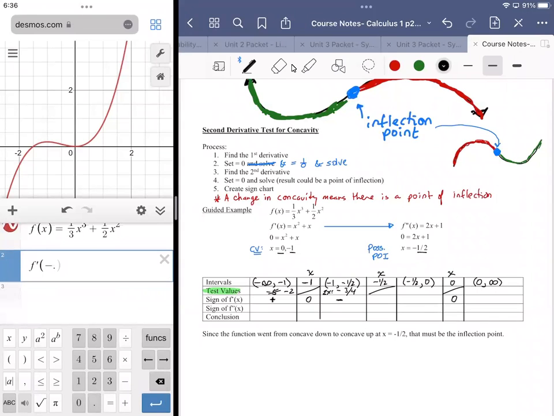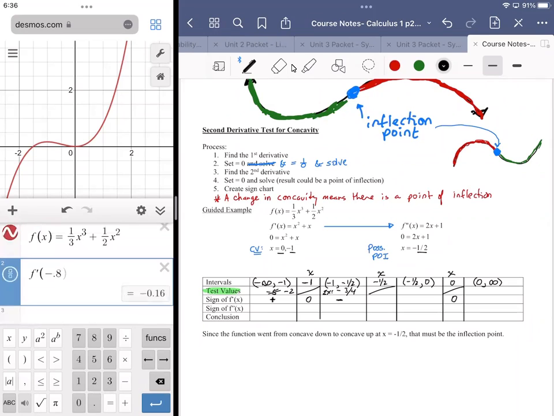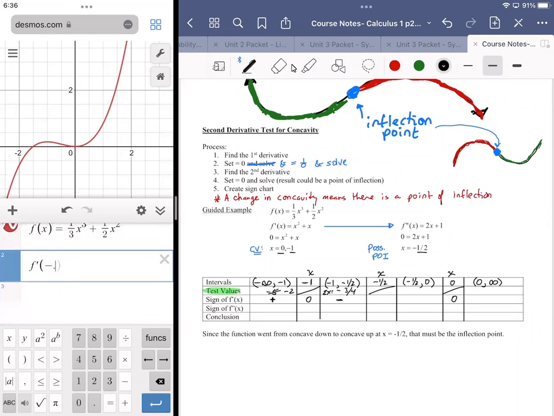Still negative. -0.8, still negative. -0.7, -0.6, still negative. -0.5. Now you're at that critical value. I'm sorry, not critical value, the possible point of inflection. So we're not concerned with that. But if you go beyond -0.5, then you're in a different interval, so we wouldn't consider it anymore.